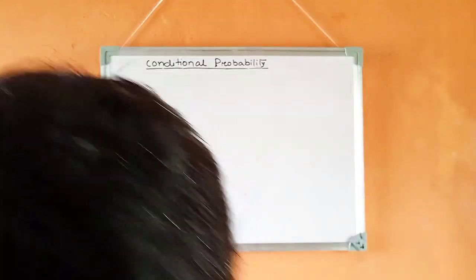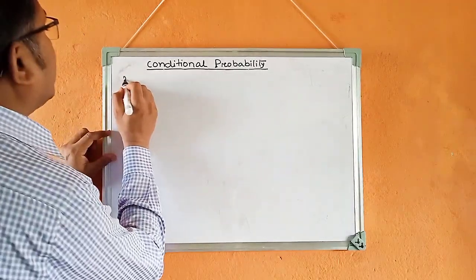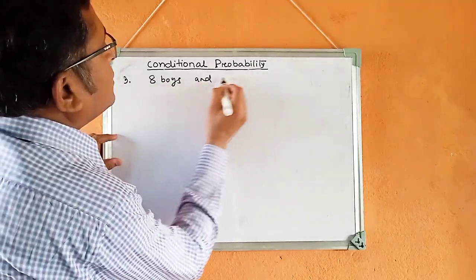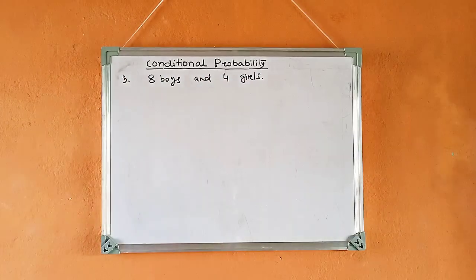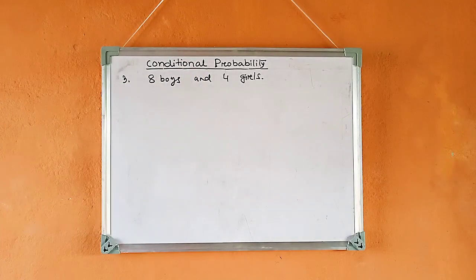The third question is: a committee of 4 students is selected at random from a group of 8 boys and 4 girls. Given that there is at least one girl on the committee, calculate the probability that there are exactly 2 girls on the committee.